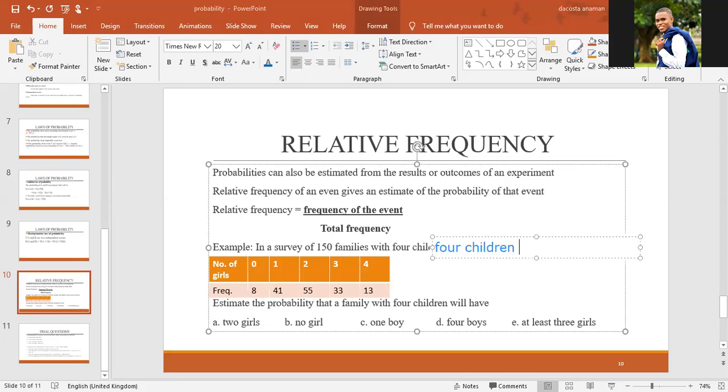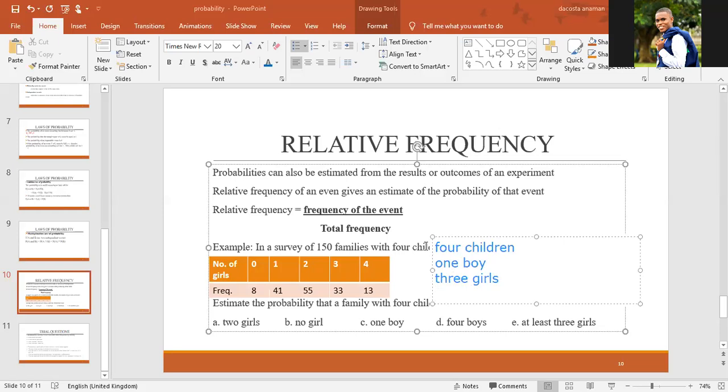So the survey was made for families with 4 children. Now, in these families with 4 children, we are looking for one boy. If the family is having one boy, and we are looking at 4 children, that means that the rest of the 3 are girls. Is that okay? The rest of the 3 are girls.